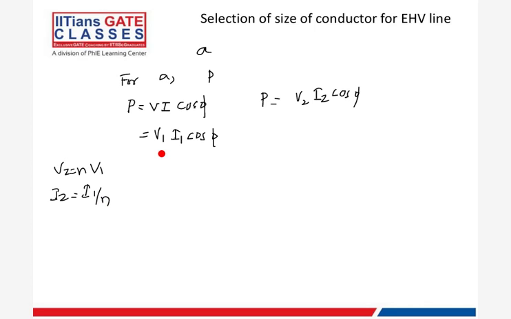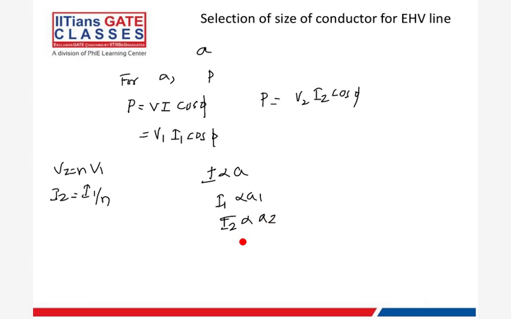For a transmission line, I is proportional to A, right? So I1 is proportional to A1 and I2 is proportional to A2.